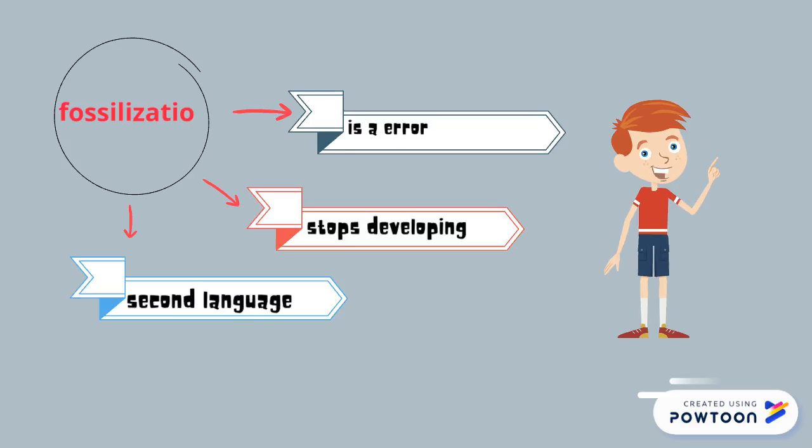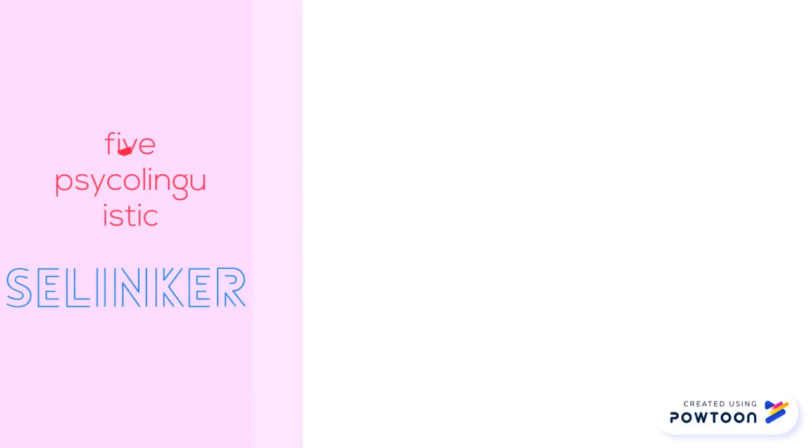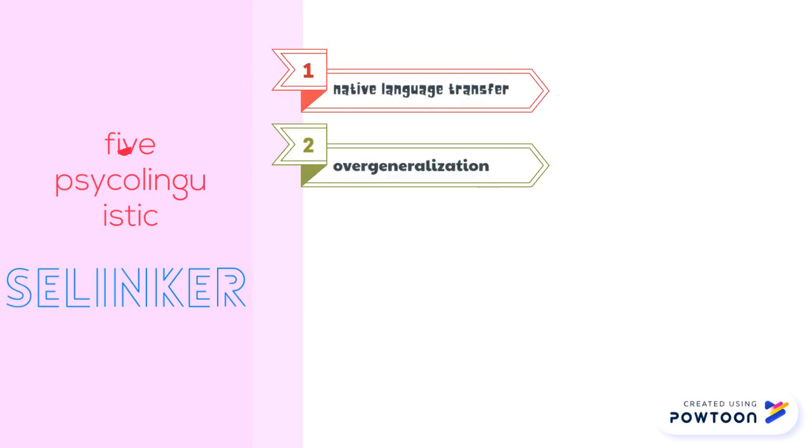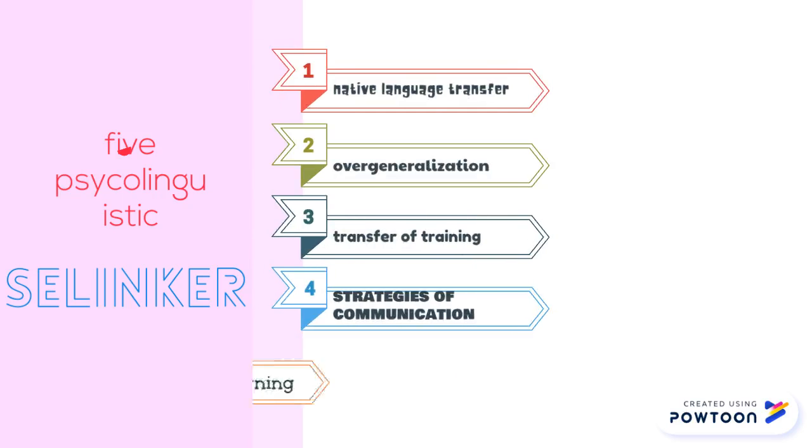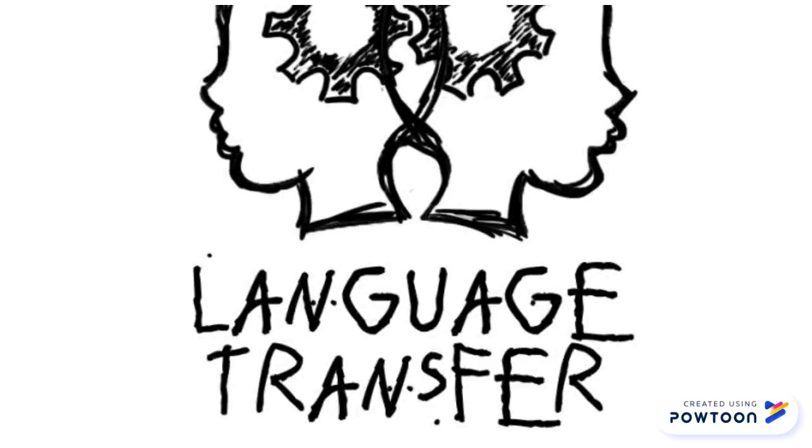Also, Selinker gives us a defined psychological process, the latent psychological structures that shape interlanguage were hypothesized. The first is native language transfer, the second overgeneralization, number three, transfer of training, fourth, the strategies of communication, and number five, strategies of learning.